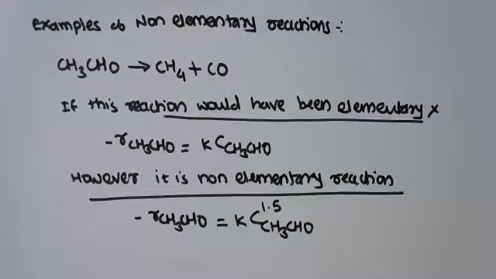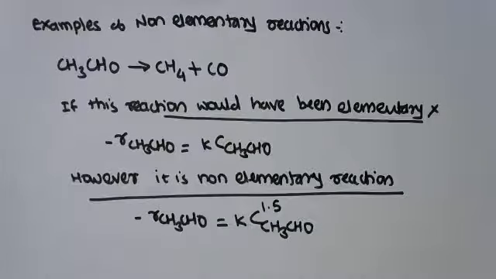because for a non-elementary reaction, in order to obtain the rate expression, we must have the experimental data fitting, and so the form of the rate expression can be calculated by performing the experiment and fitting the experimental data in the general form of the rate expression, that is minus rA is equal to k C raised to n type of equations.